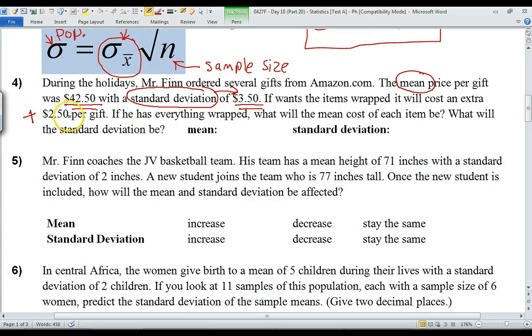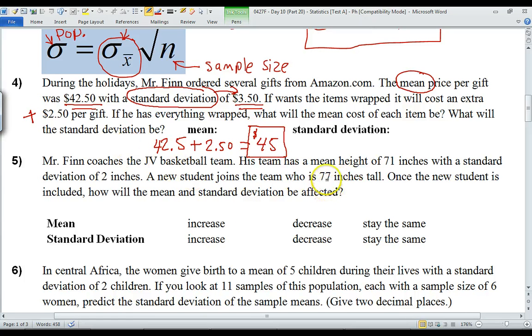So the mean itself should go up by $2.50. So if the mean was $42.50, the new mean should be $42.50 plus $2.50. What's that going to be? That's going to be $45. Okay? So that will be the mean price if he gets everything wrapped, $45. Everything went up by $2.50.